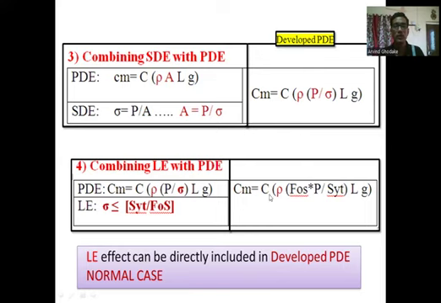So from this equation, once we put all the values for a particular material, we get which material is best suitable for minimizing the cost. So the limit equation effect can be directly included in the developed primary design equation in the normal case.